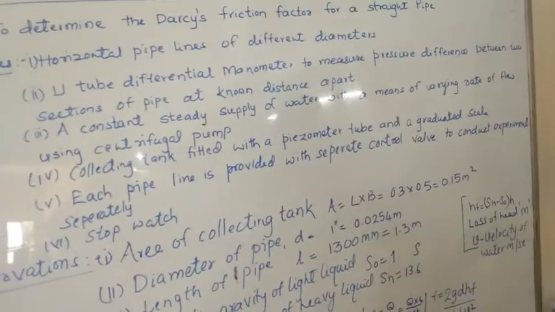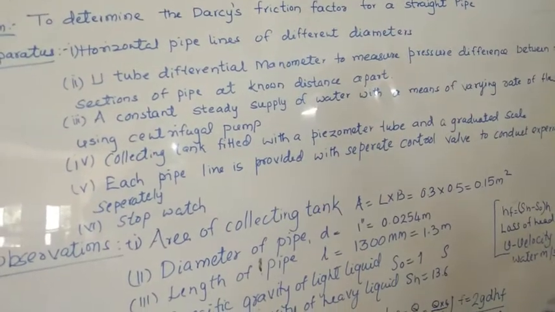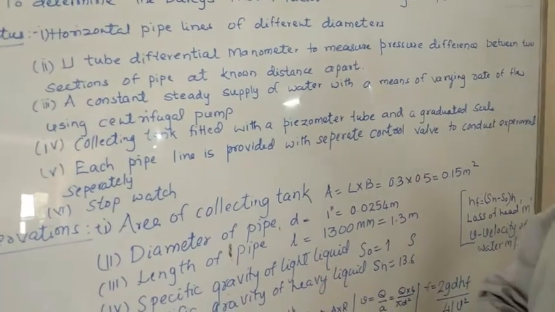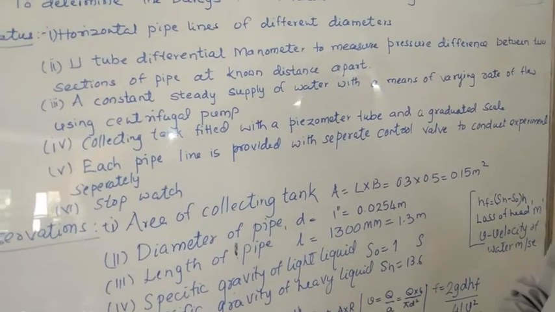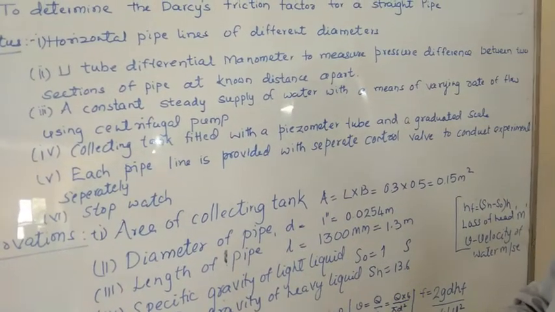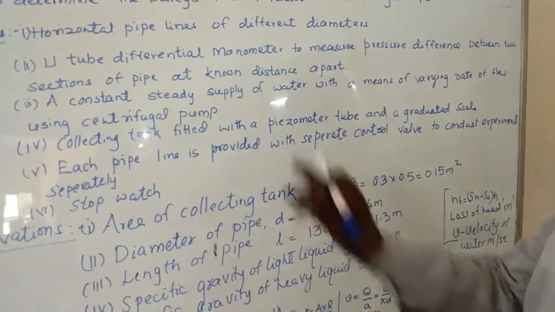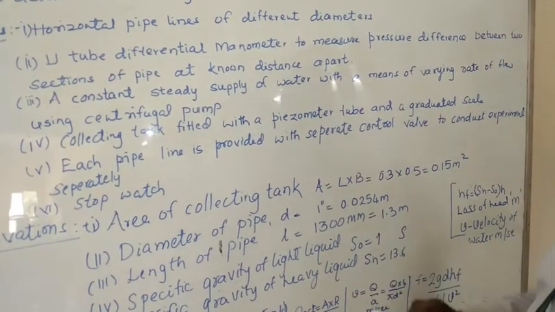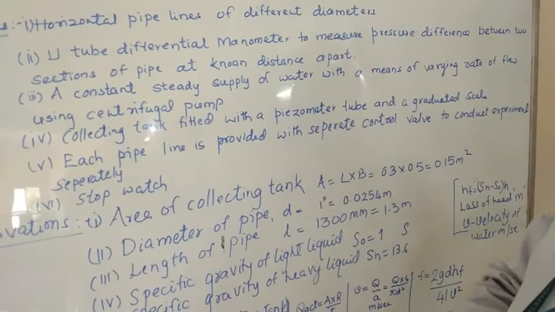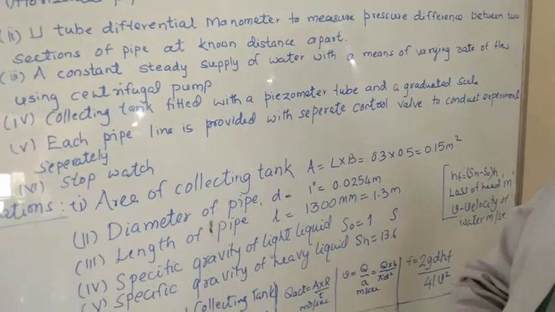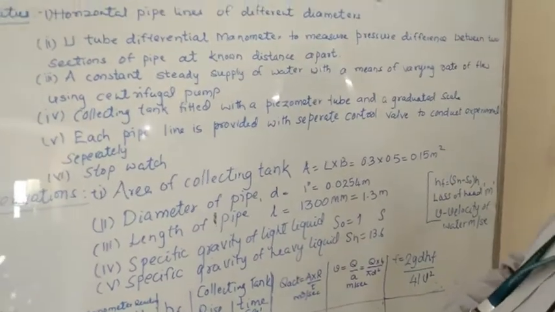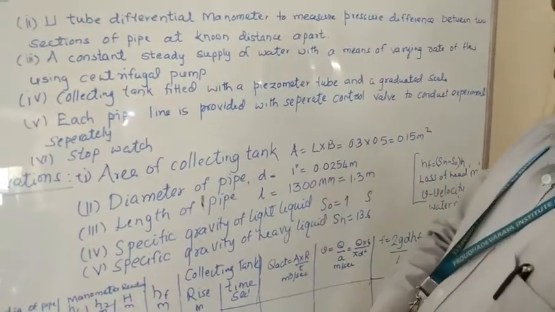By collecting a certain rise of water and the corresponding time required to raise the level of water, we can calculate the actual discharge. We measure the surface area multiplied by the rise of water and divided by the corresponding time taken to collect the water, which gives us the actual discharge.